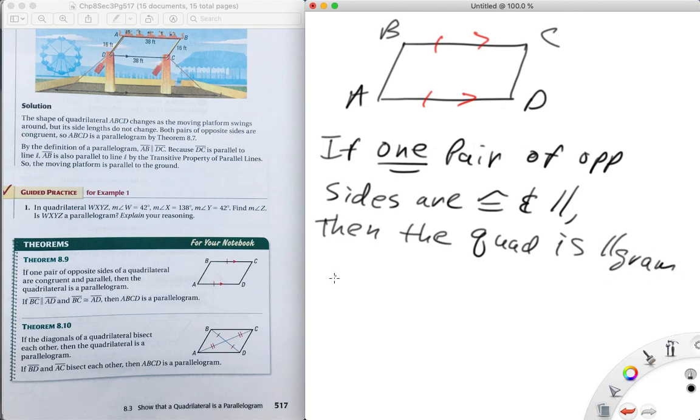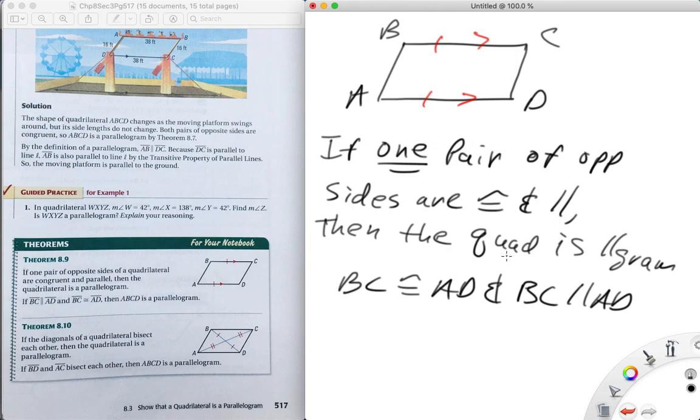In this case, BC has to be congruent to AD, and BC has to be parallel to AD. When both of those things happen, then we can say that it's a parallelogram.